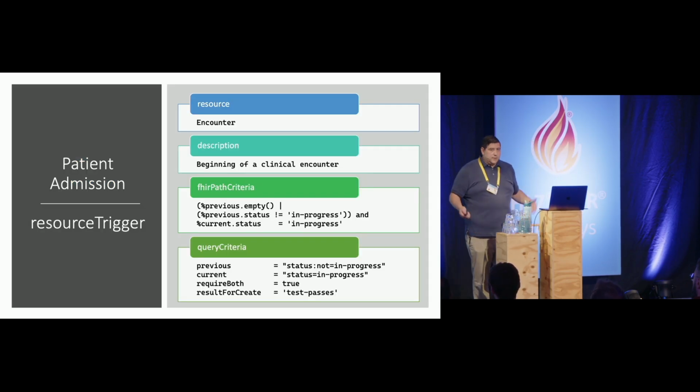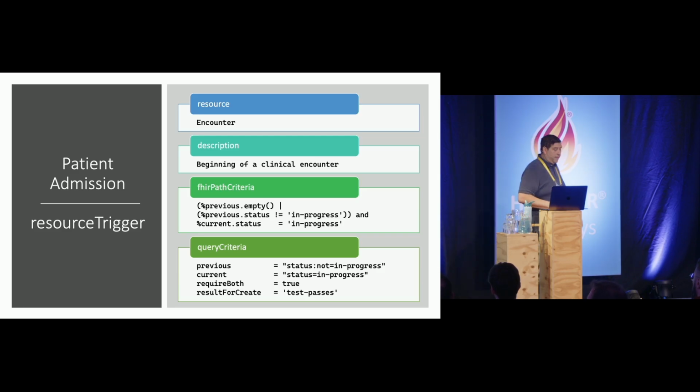This is just looking at what some of the properties and elements actually look like. Again, same thing, encounter, description. So you can see we have this FHIRPath criteria. And in FHIRPath, we define two variables, previous and current. Again, when we're looking at data changes, FHIR, because it is RESTful, you only have one thing in context.